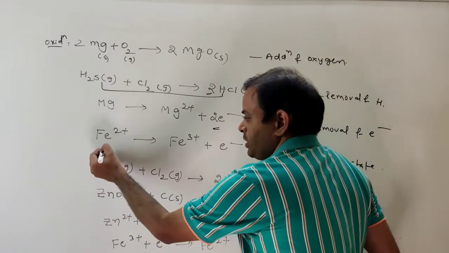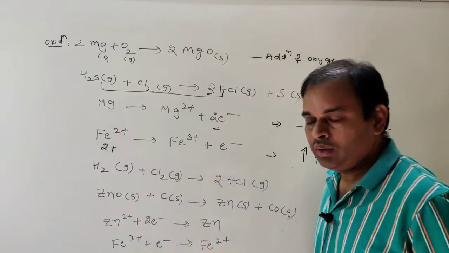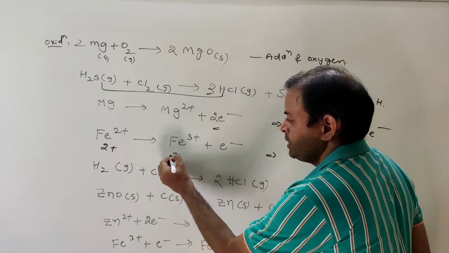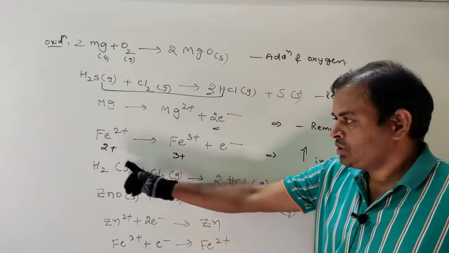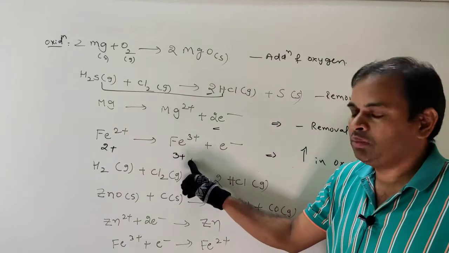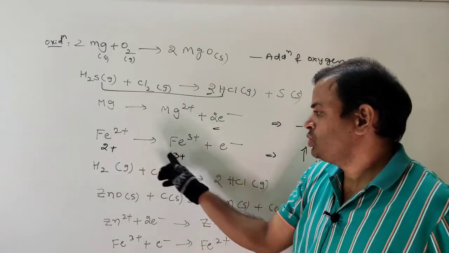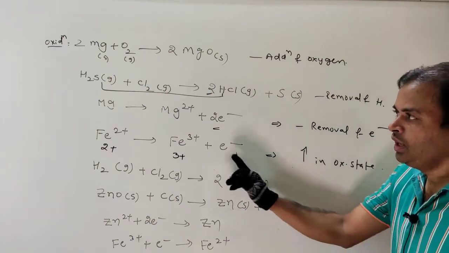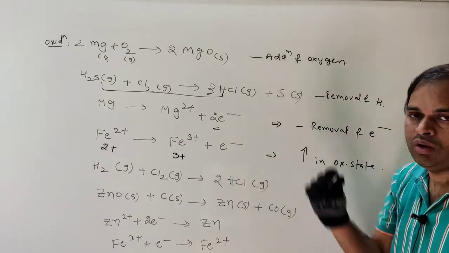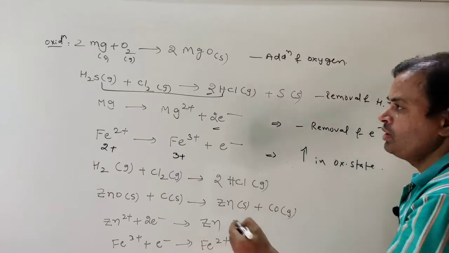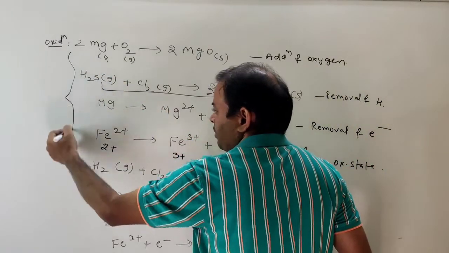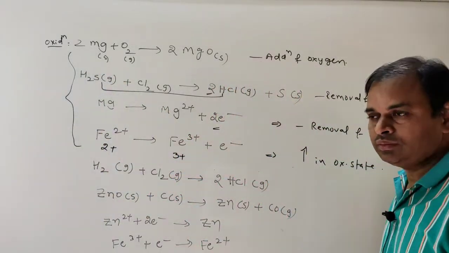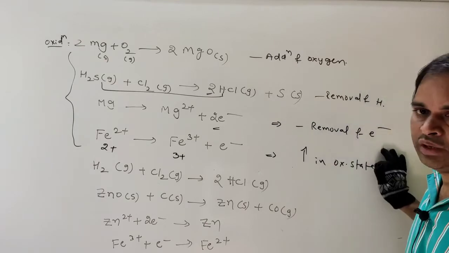What is the oxidation state of Fe2+? It is plus 2. Here it is plus 3 oxidation state. Plus 2 to plus 3 means the oxidation state is increased. That's why increase in oxidation state is also oxidation. So these 4 reactions are oxidation reactions, just based on definitions.